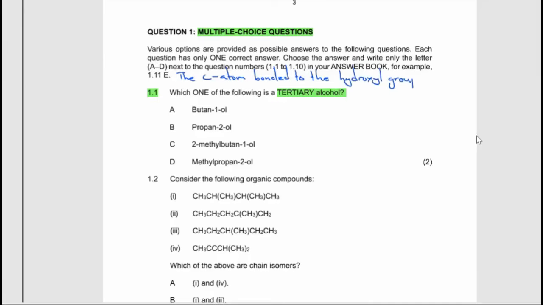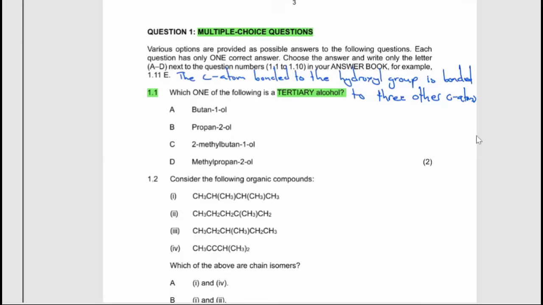The hydroxyl group is bonded to three other C atoms. So this is the definition of a tertiary alcohol.